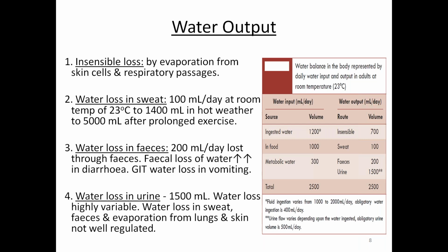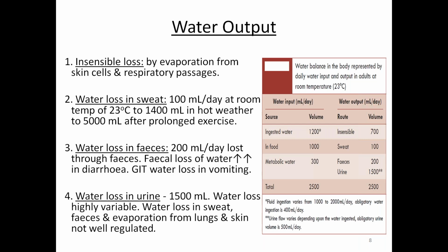And then finally, water loss in urine. Roughly 1500 ml of water is eliminated from the body in urine. Just know that water losses in the kidney are quite variable.